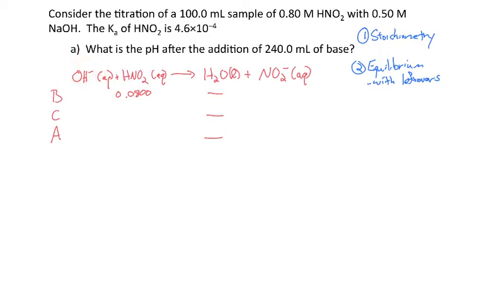So to do that, I'm going to take the concentration times the volume. Convert the 240 milliliters to liters. And I get 0.120 moles. So I'll put that into my table.